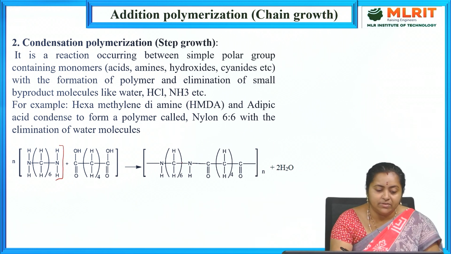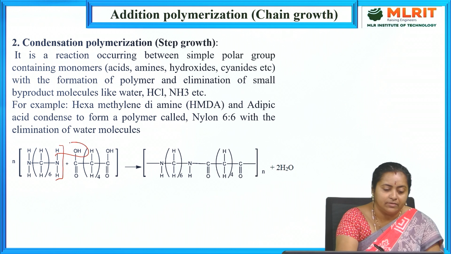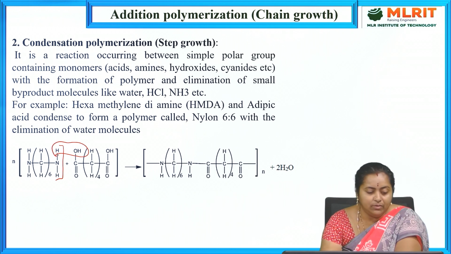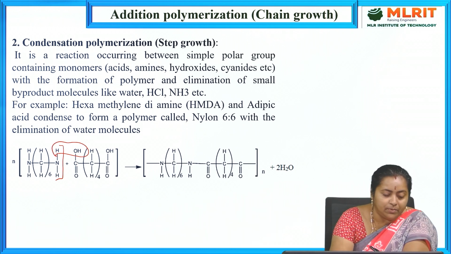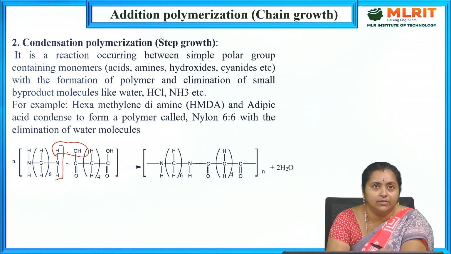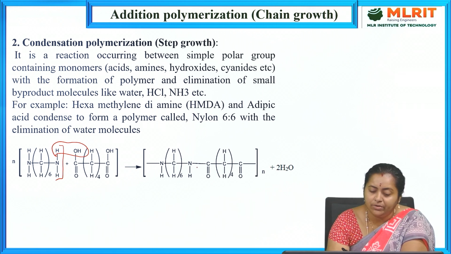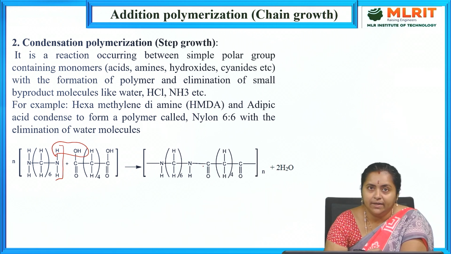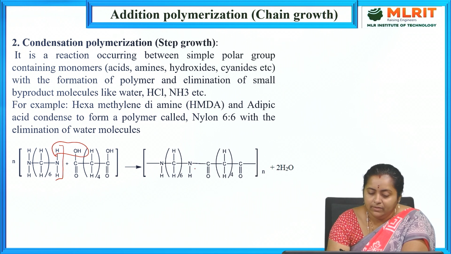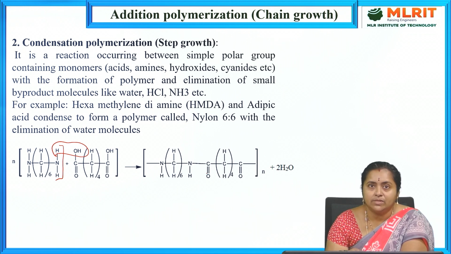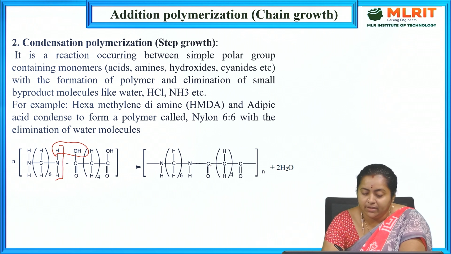Here I removed the hydrogen atom, and for carbon the OH is removed in the form of H2O. So we can expect a new bond formation between nitrogen and carbon. Nitrogen is going to connect with the C double bond with a new sigma bond formation. And then this carbonyl compound has methylene 4 times repeated, and then C double bond O.